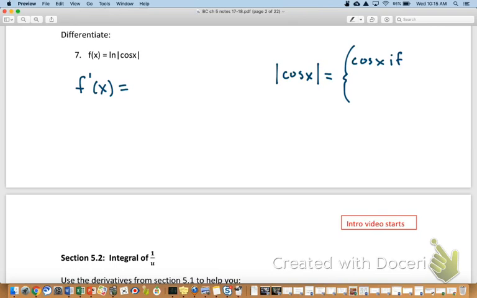Because think about it, doesn't cosine's graph do this? Oh, sorry, kind of lagged there for a second. And so if cosine's graph does all that, isn't it constantly going from a positive value and then later on a negative and then back to a positive, so on and so forth? So how could I define this in such a way that I can say that the absolute value of cosine of x is just cosine of x? Under what conditions?